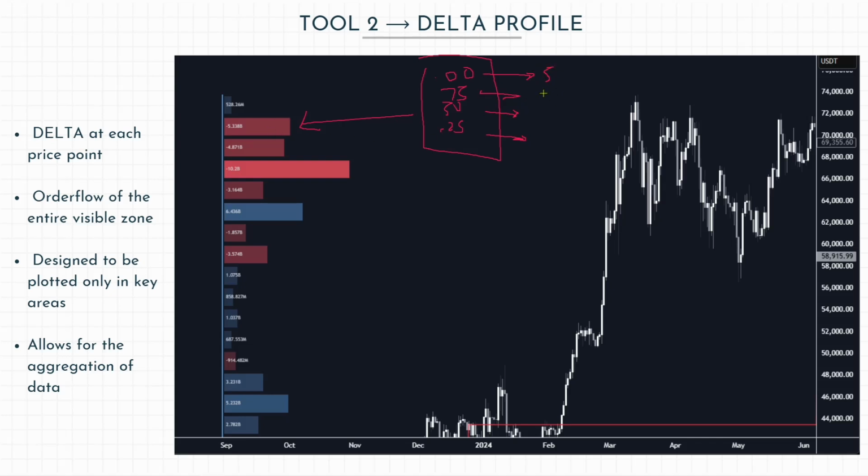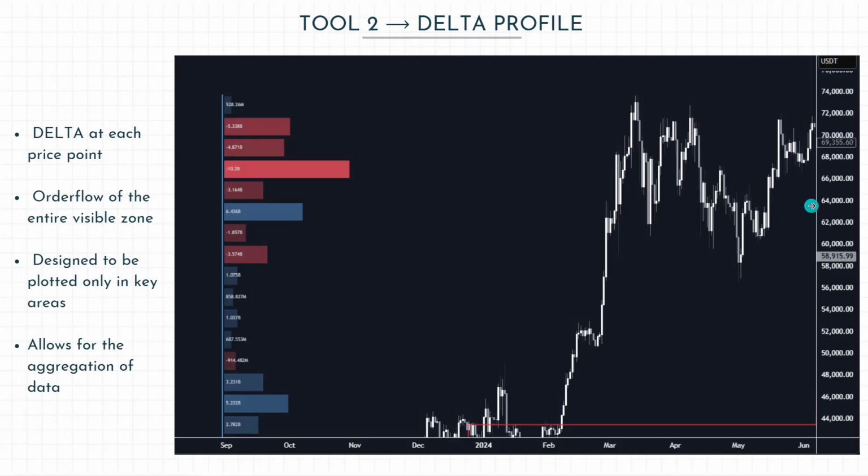So let's say it's 5 for this price point, 2, 3, and another 5. That's 15. This will show as 15 in a delta profile. You can aggregate it, so now you're not losing your mind over little tiny price points when futures operate in zones.